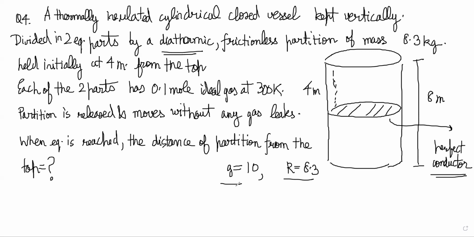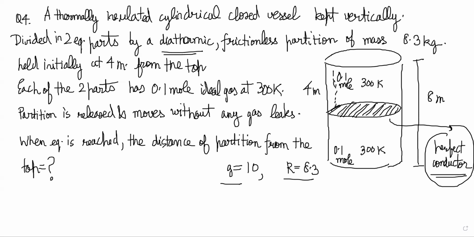What kind of process do you think happens here if there is a diathermic wall? Initially, it was 300 Kelvin, 300 Kelvin, right? 0.1 mole, 0.1 mole. As the partition falls down a little bit, what kind of a process is it?